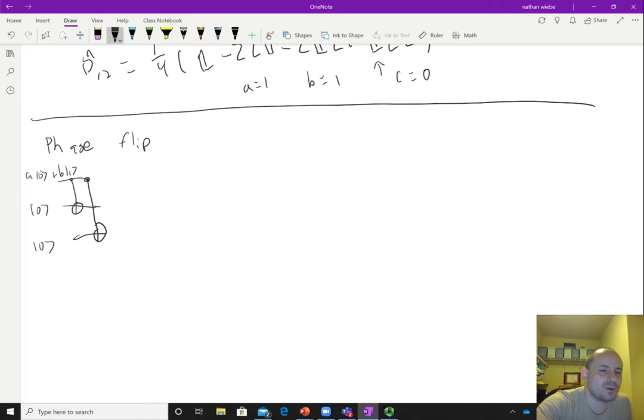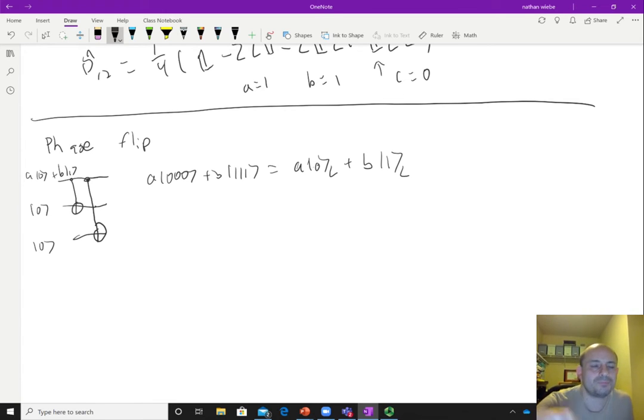This over here would end up giving us, of course, A|000> plus B|111>, which is A|0_L> plus B|1_L>. All right, great. So now let's assume something slightly different ends up happening.